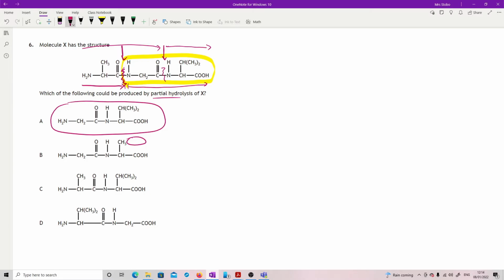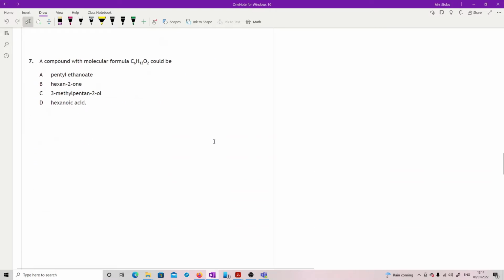This one has a CH3 in the wrong place, and same with the following. So just work it through, find the right one. It's A.